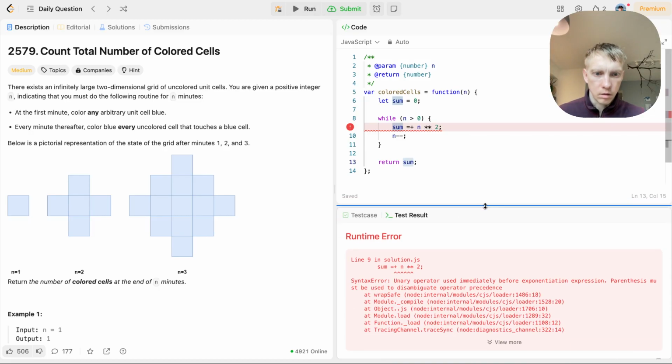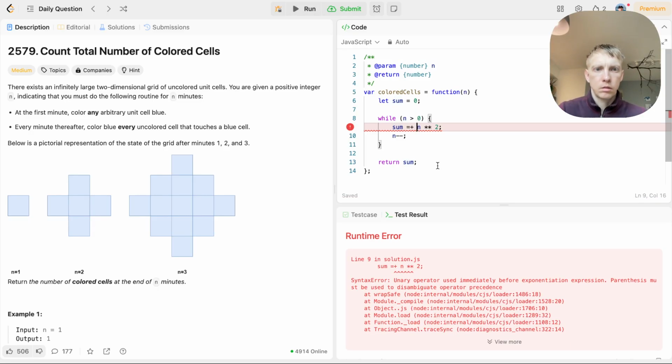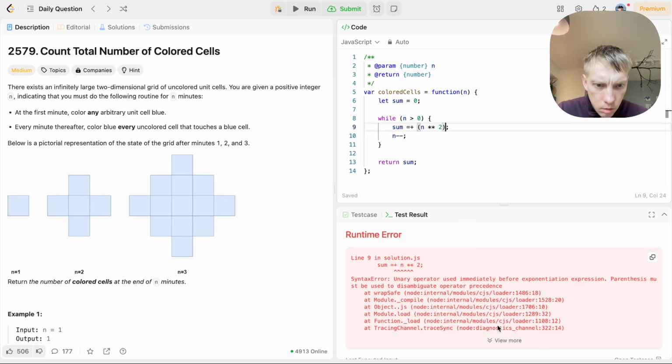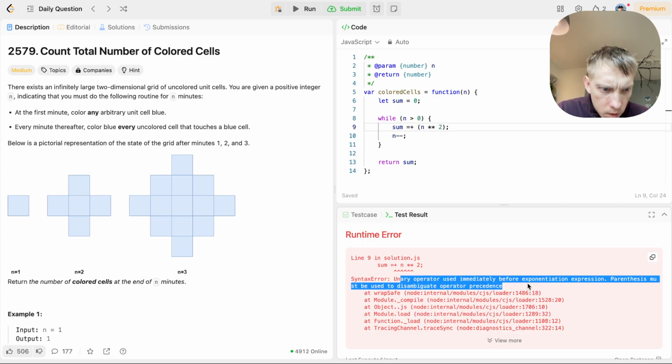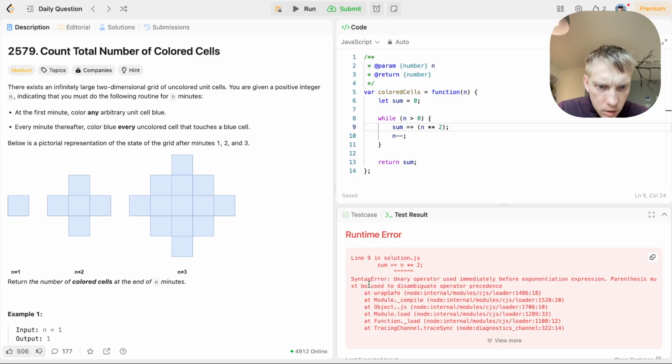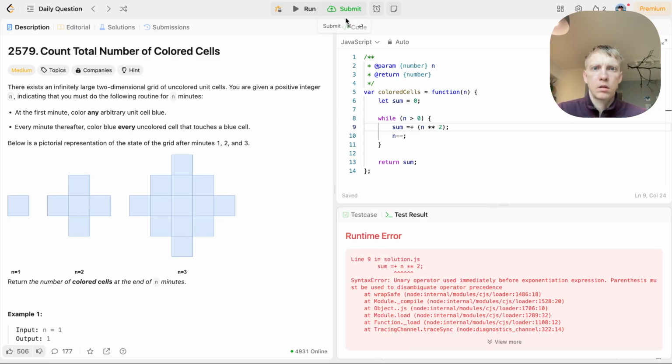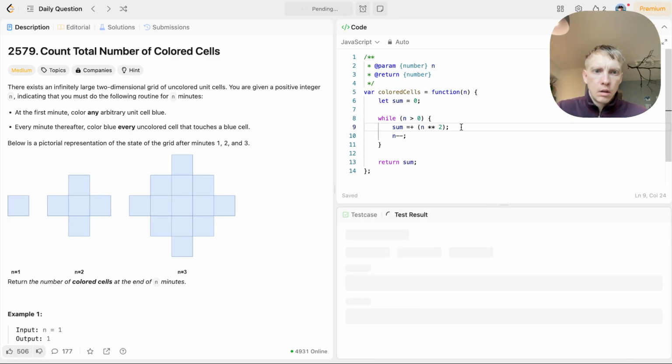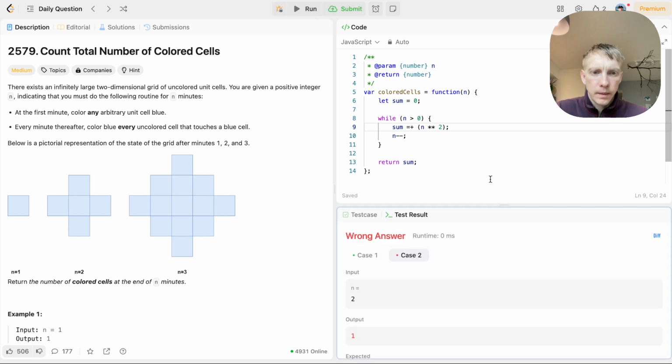Oh, well, some syntax problem, maybe, I don't know. Unary operator immediately before exponentiation expression. Parentheses must be used. Yeah, of course. That would be better.